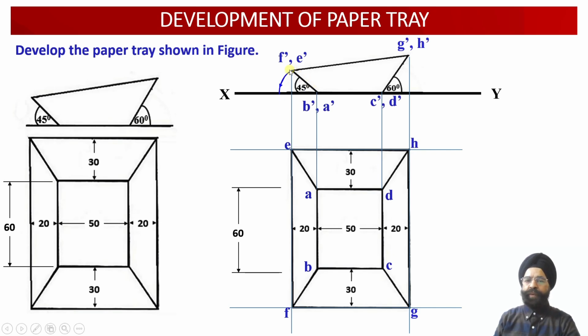And now we rotate the points E dash and F dash in such a way that the apparent lengths, that is A dash E1 dash and B dash F1 dash, become parallel to the horizontal plane over here.